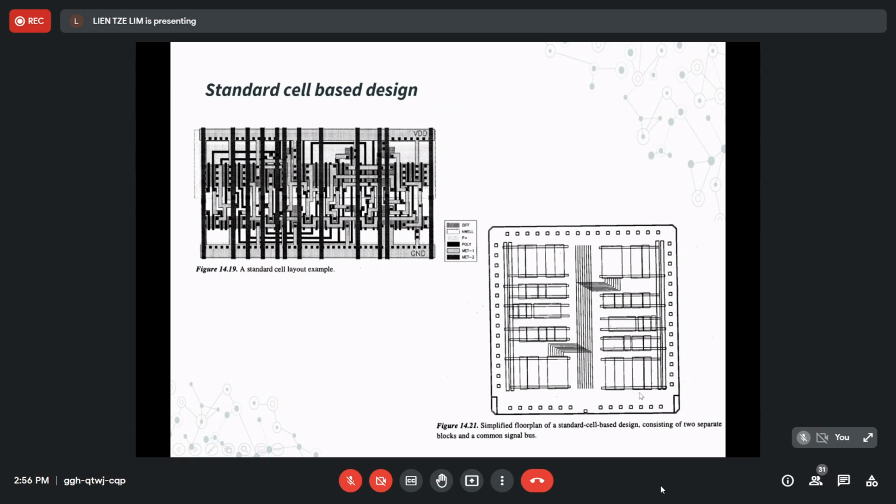It consists of two separate blocks and a common signal bus. This one is the block, there are two blocks, and they are divided by a signal bus.